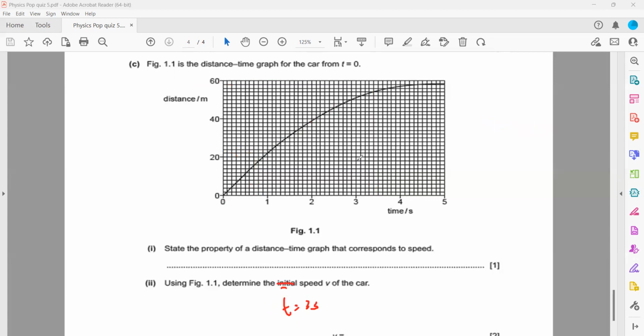We mark a point where time is equal to 3 seconds, and again we draw a tangent because it's a curve. So whenever it's a curve, we draw a tangent. But for the initial speed, it was a straight line for that part, so we just take 2 points on a straight line and find the gradient of that section.